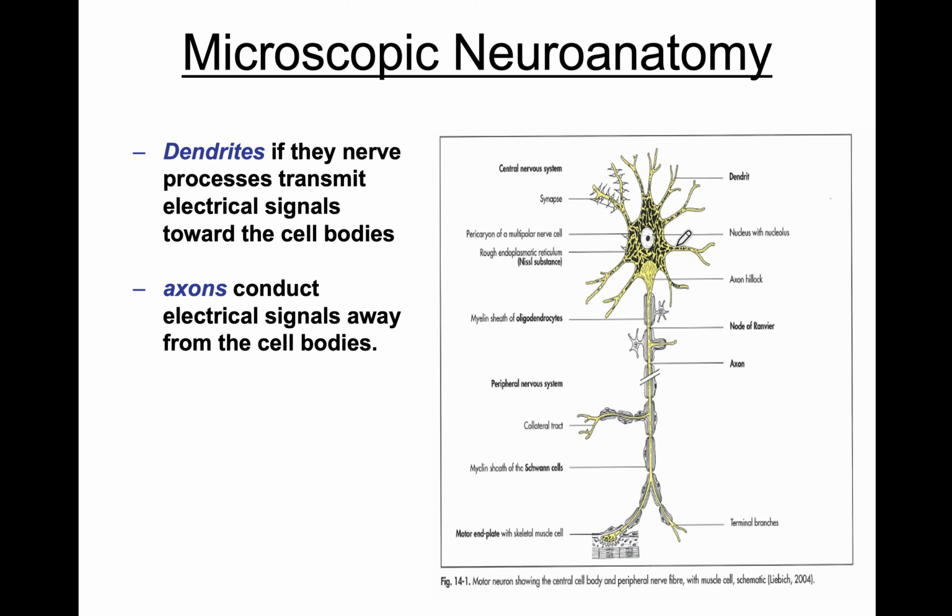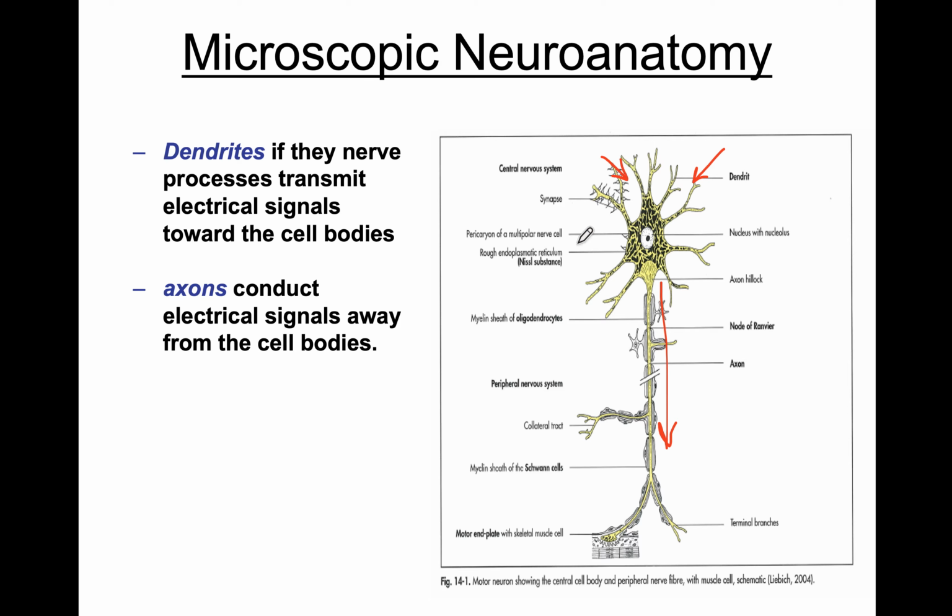So we can see here, this is the cell body, and each neuron has only one axon, but it could have multiple dendrites, or one dendrite, or sometimes no dendrites. So these are all cytoplasmic extensions from the cell body.